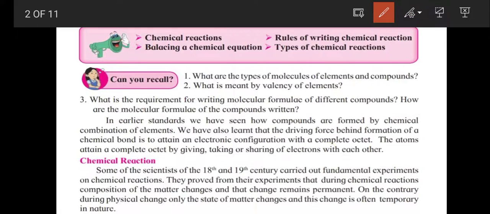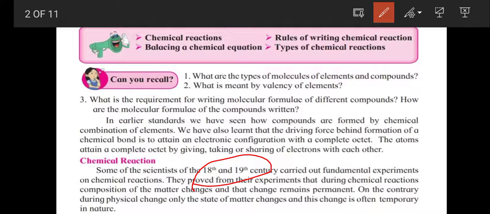Now before that, what is meant by chemical reaction? Some scientists from the 18th and 19th century carried out fundamental experiments on chemical reactions. They proved from their experiments that during chemical reactions, the composition of matter changes, and that change remains permanent.